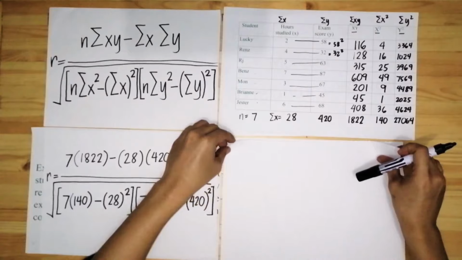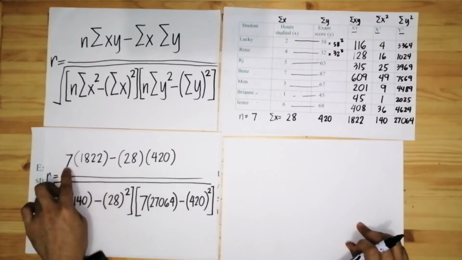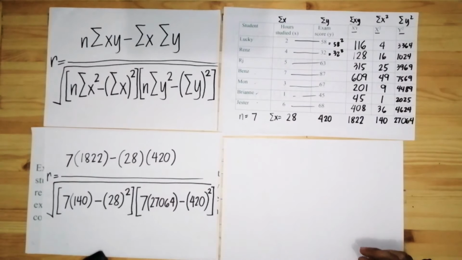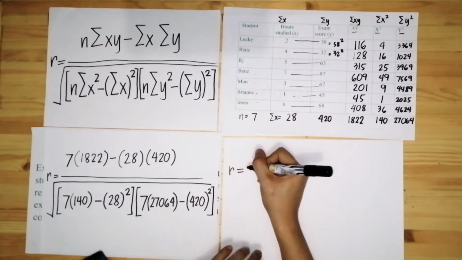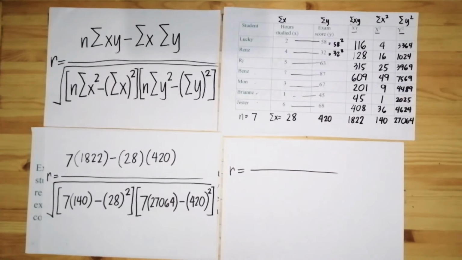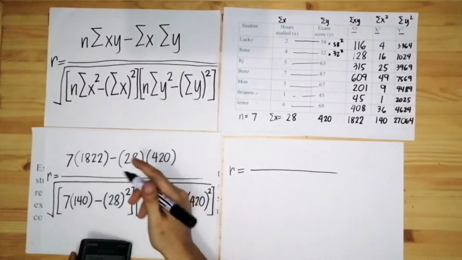Let's start with the numerator. You proceed with this. 7 times 1822 minus 28 times 420. So, lagay tayo dito. So, compute lang natin to class. 7 times 1822. 12,754.